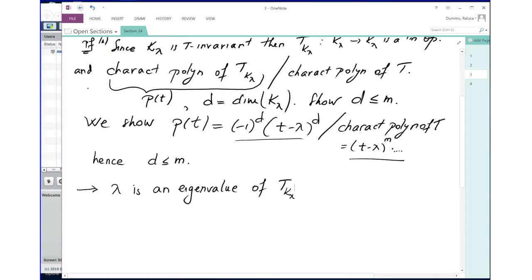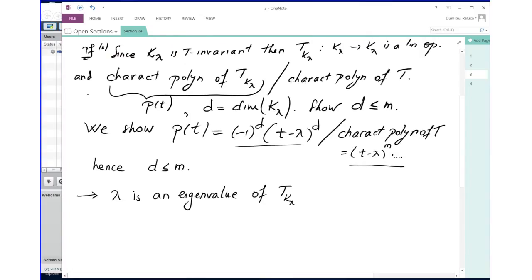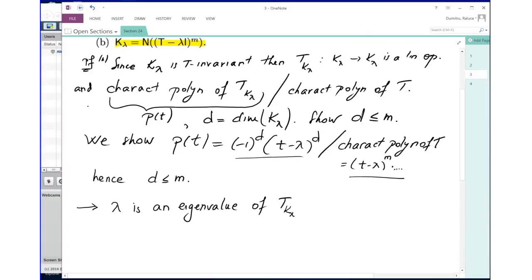So why is lambda an eigenvalue? Well, when you restrict T to K lambda, then t minus lambda identity to some power p of x has to equal 0.